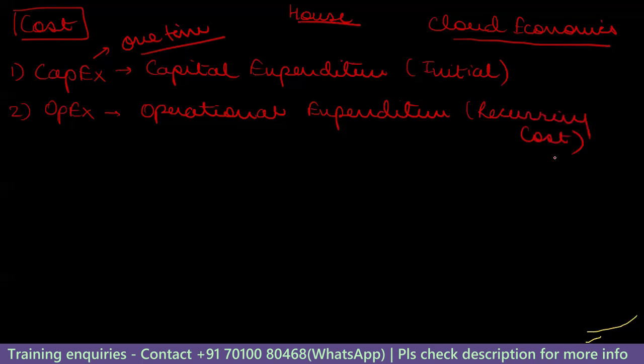This is not a one-time cost or initial investment cost. This is a recurring cost. Electricity bills, house tax, water tax, right? All of these different costs are your recurring cost. You have to pay them every year. Is that clear? Does that clear the difference between capital expenditure and operational expenditure? The one-time cost and the recurring cost?